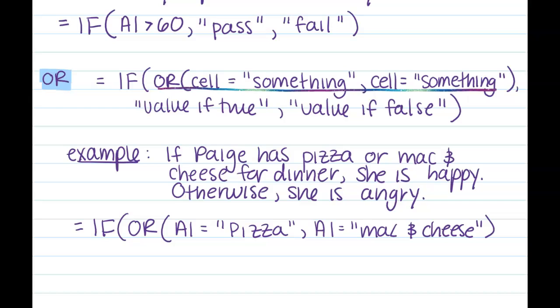Sorry, there should have been a comma up here. Comma, happy, comma, angry. And as far as me adding commas or forgetting commas, keep in mind with any spreadsheets, you sort of have to look at it, and if you get an error, figure out what's something you might have missed, and that happens to me too.